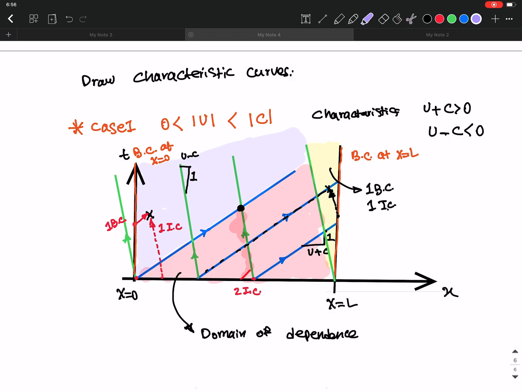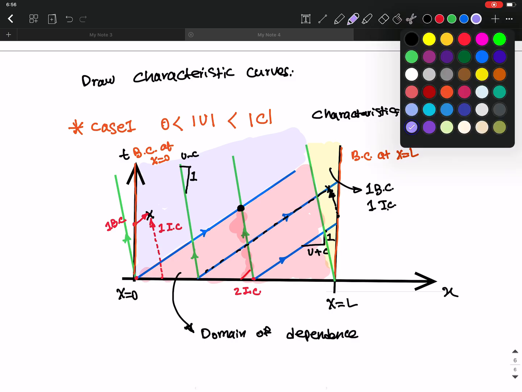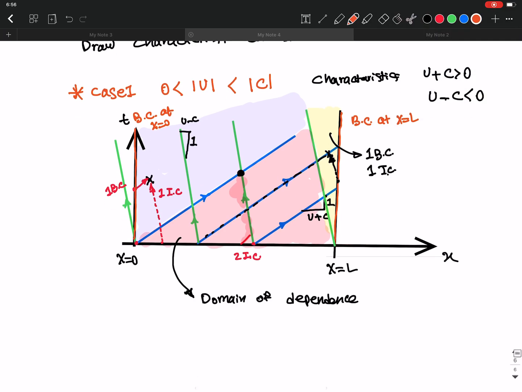Okay, so this is how you can have the full solution of this equation, but this is only for one case, which is when u is smaller than c. But how about the second case? The second case is when u is greater than c.